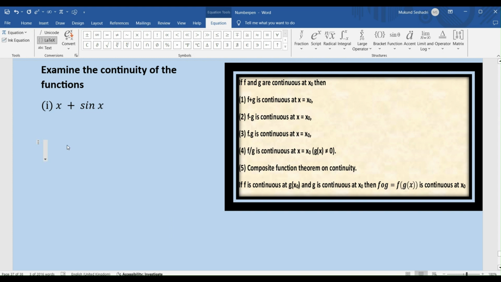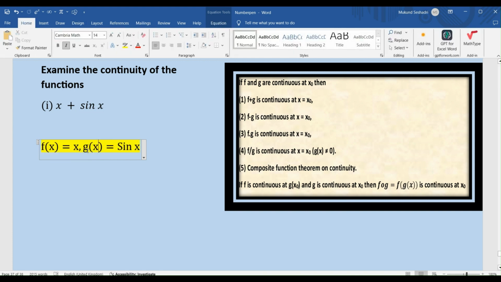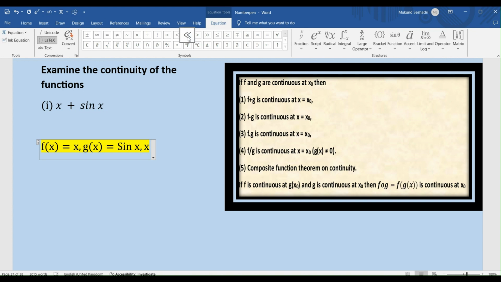So if I'm going to treat my f of x equals x and my g of x equals sine x, then I know that f of x is continuous. Let me highlight that. And I know that g of x is also continuous, right? But in both these cases, they are continuous in the domain x belonging to R, right?